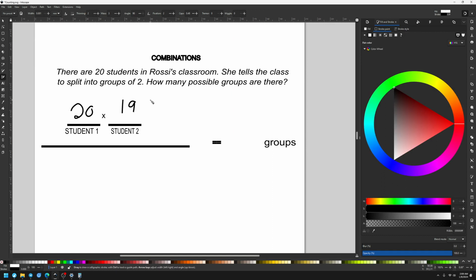But the problem is that this calculation is treating AB, let's say student A and student B is a group, and student BA, it's treating these two as different possibilities.